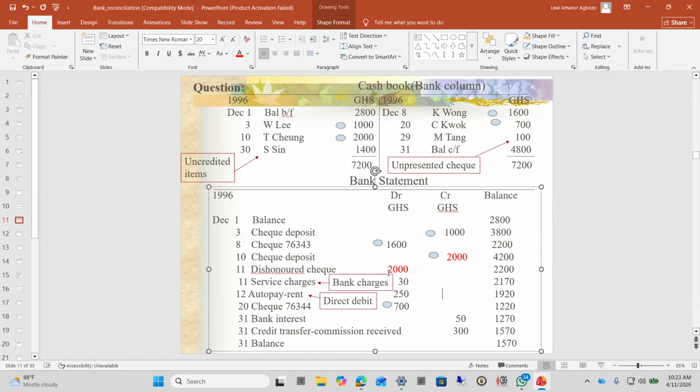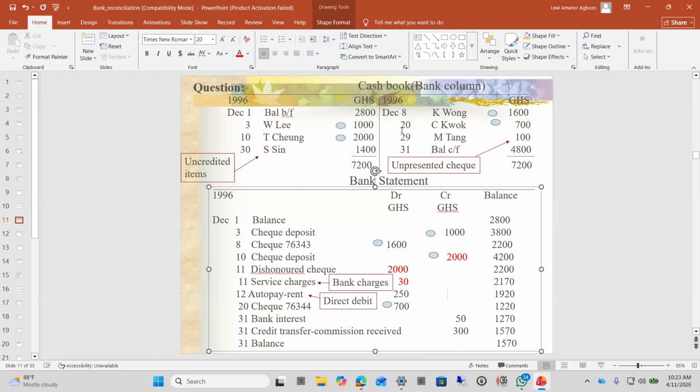Now, we also saw that on that same 11th, some 30 cedis was taken out of our account at the bank, and we don't know about it. Because if we had known, we would have credited our cash book with that amount.